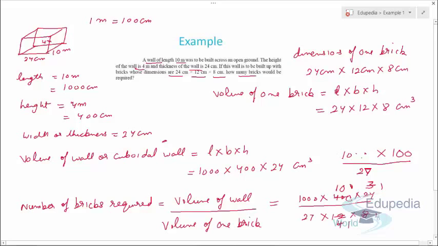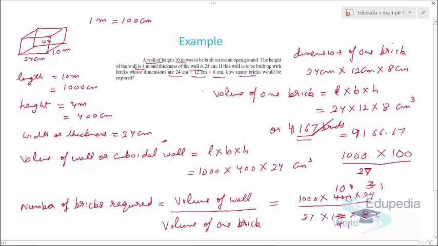Right? Now we need to do cancellation. So when we solve this, this will come out to be 4166.67 bricks, or we can say that 4167 bricks. Right? So this is how we can use the concepts of volume to solve various types of questions.